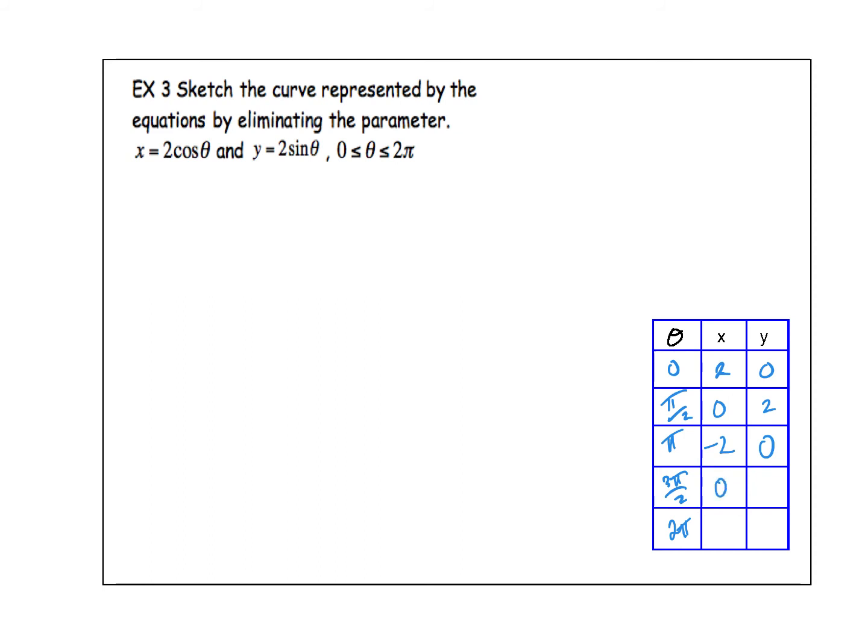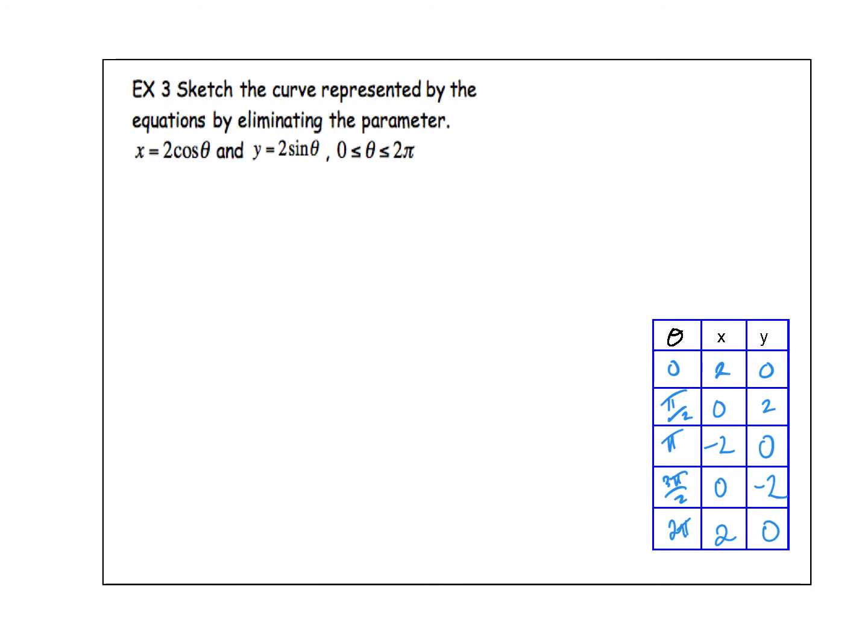You can see the pattern, obviously. And 2 sine at 3 pi over 2, negative 2. 2 cos at 2 pi, back to positive 2. 2 sine at 2 pi, 0.